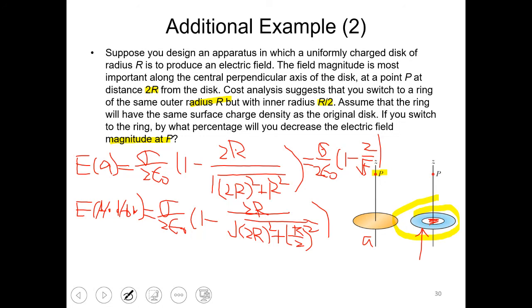The difference is we consider the hollow part with a radius R over 2, so this term will be R over 2 instead of R. So here it will be sigma over 2 epsilon 0, times 1 minus 4 over the square root of 17.